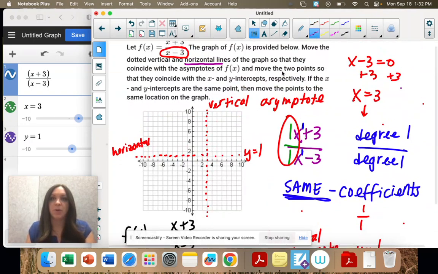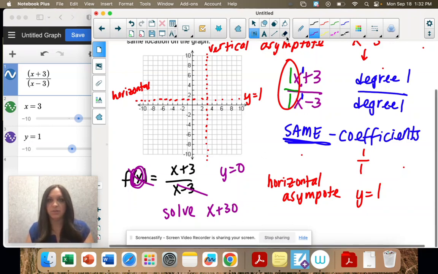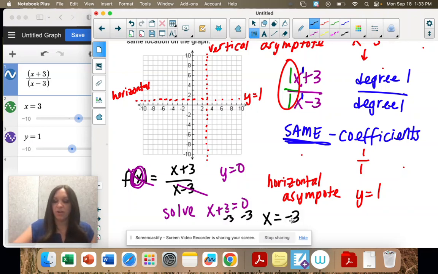And remember, we get the x-intercept when y equals 0. And that always knocks out the denominator. So we solve the numerator equal to 0. So x plus 3 equals 0, x equals -3. So x equals -3 will be our x-intercept.